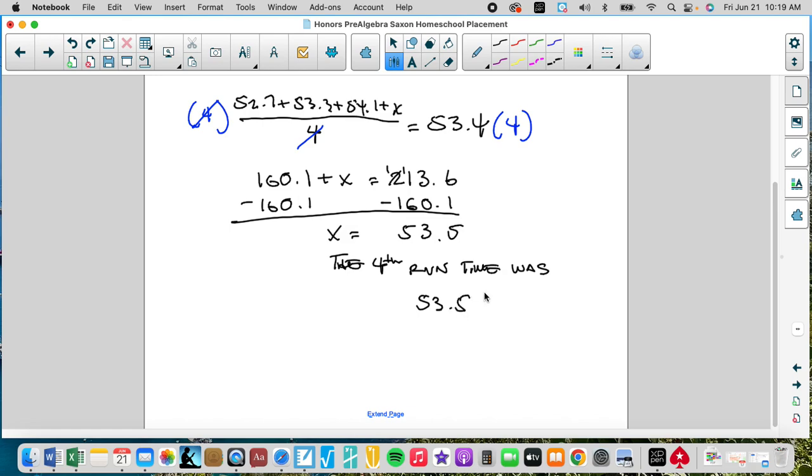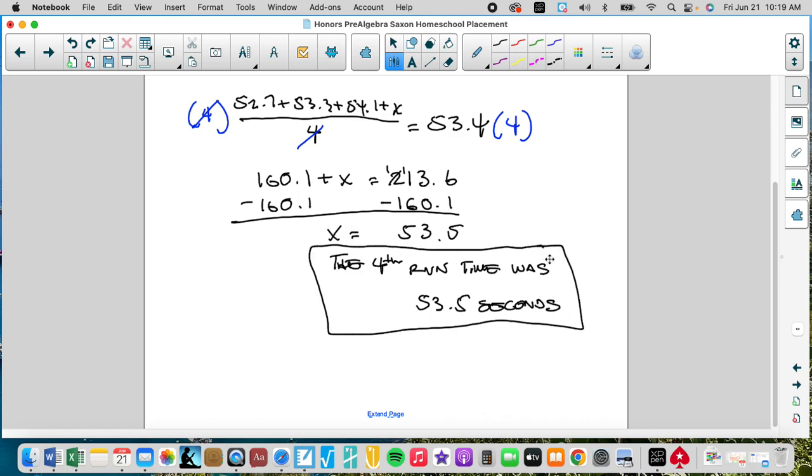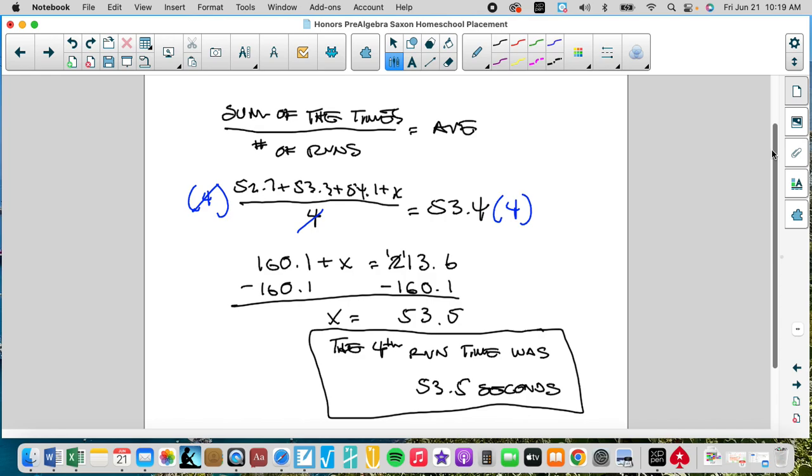And what was the units? Seconds. When we're given a word problem, we give a word answer. That's always the best. And we look and see, it asks for what is the time of the 4th run. The 4th run time was 53.5 seconds.